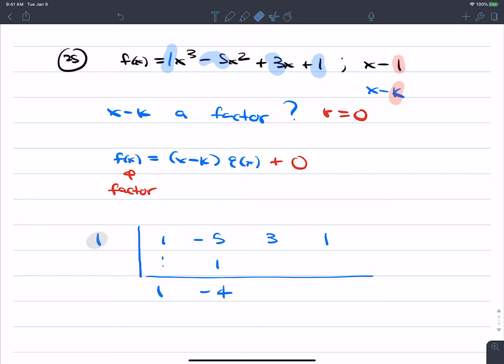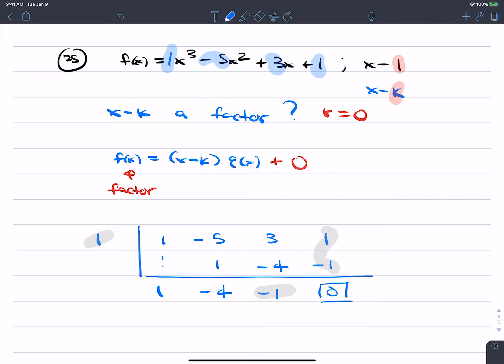We repeat the process. 1 times -4 gives you -4. 3 minus 4 gives you -1. Again, we repeat the process. 1 times -1 gives you -1. And then -1 plus 1 will give you that 0.